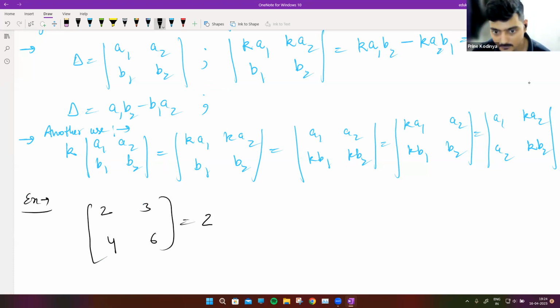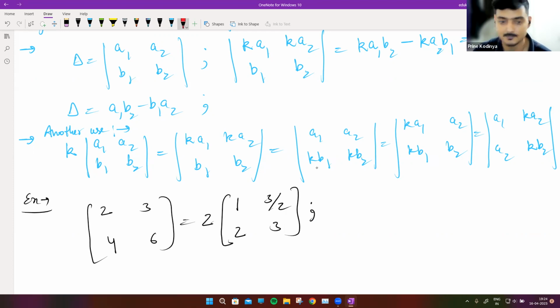Then I can take it, but inside will be 1, this would be 3 by 2, this would be 2, this would be 3. So that if I multiply this 2 inside, this becomes 0, because in case of a matrix, this number will get multiplied with each and every element. But in case of determinants, this is not the case.